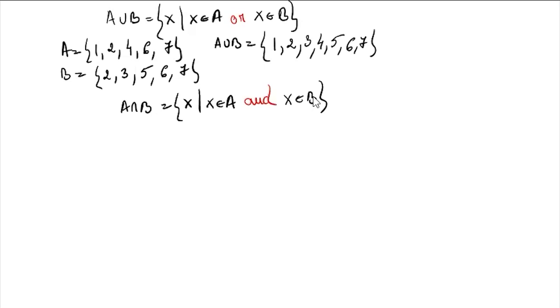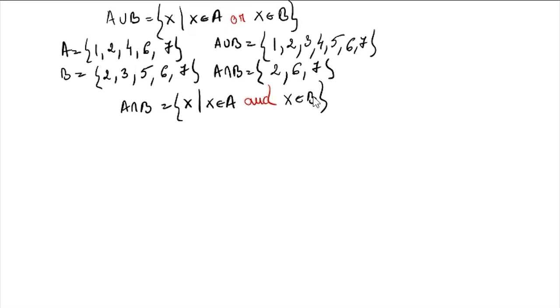I'm going to use the same sets A and B, only that this time I'm going to make A intersection B equals 2, 6, and 7. Why?